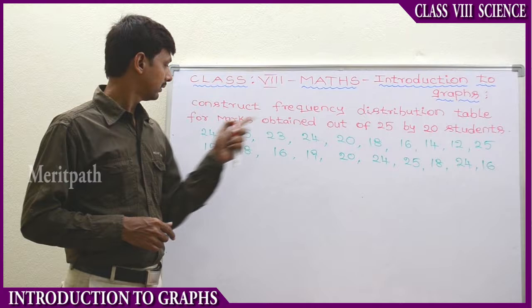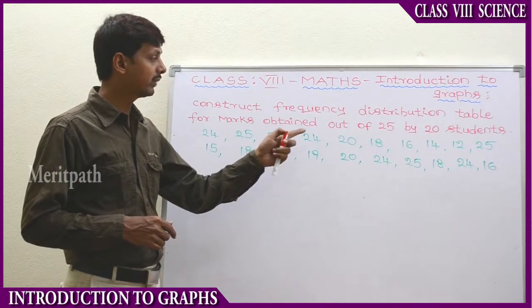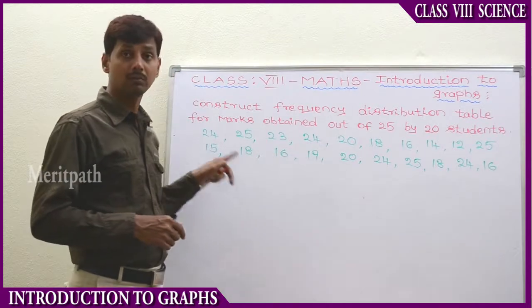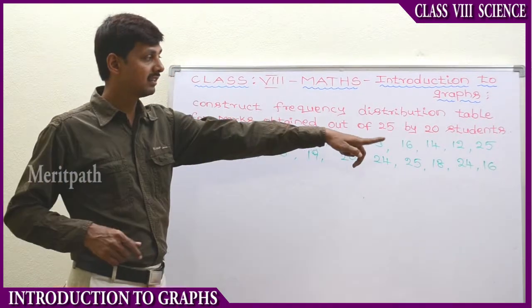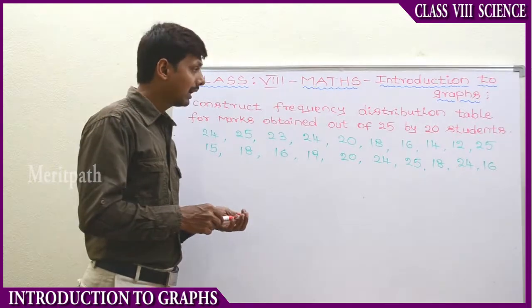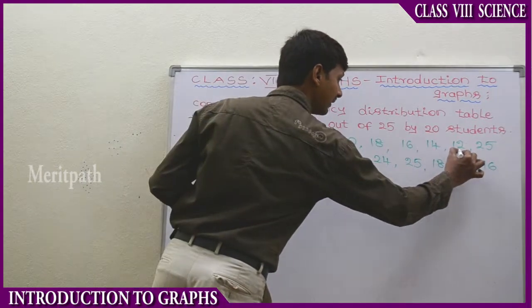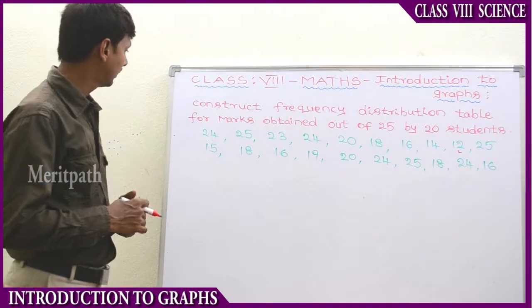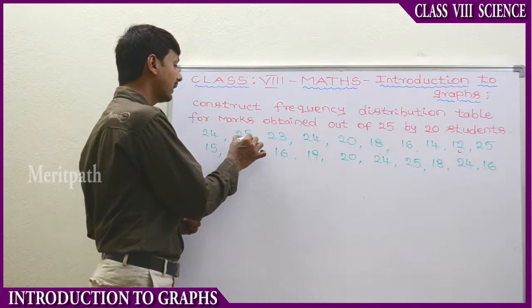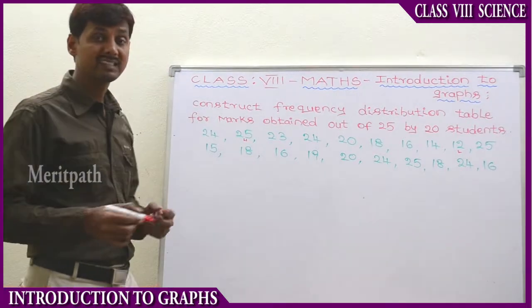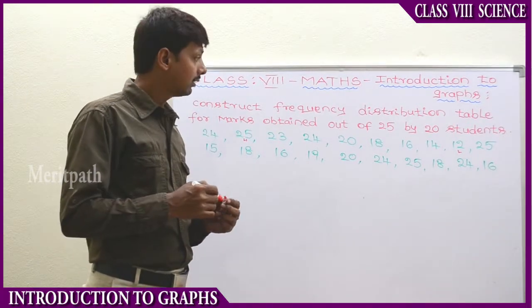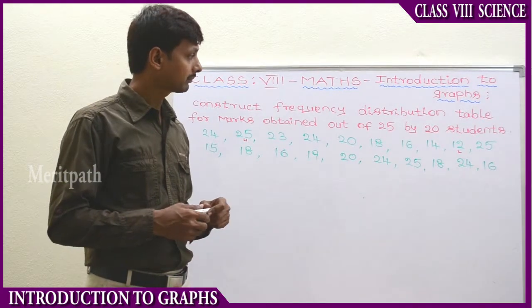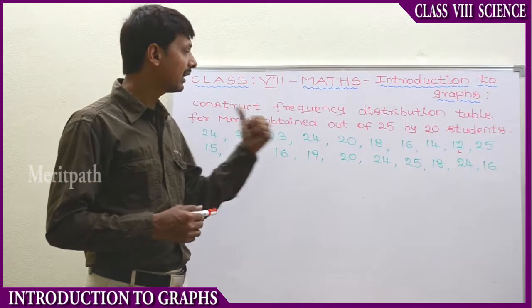You can observe 24, 25, 23, 24, 20, 18, 16, 14, 12, 25, and down the marks there is a 16, but the least mark is 12. Observe the highest mark. The highest mark we found is 25, because this exam is conducted for 25. So here we got the least mark and highest mark.